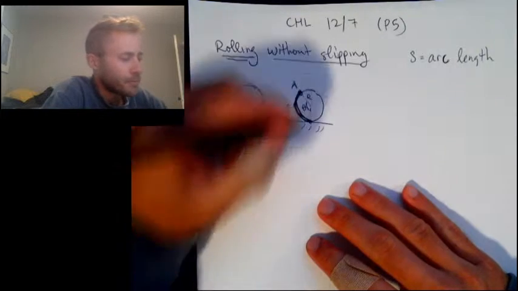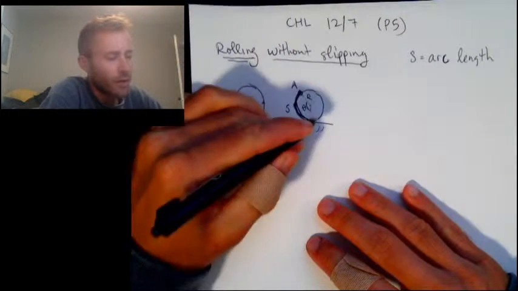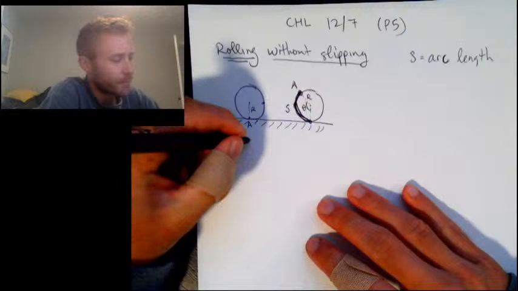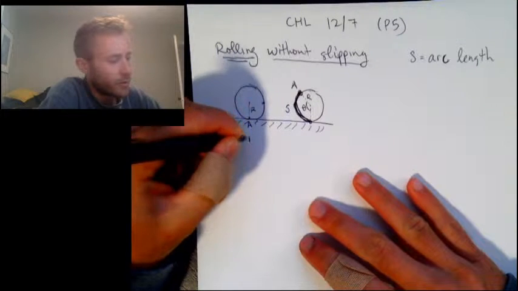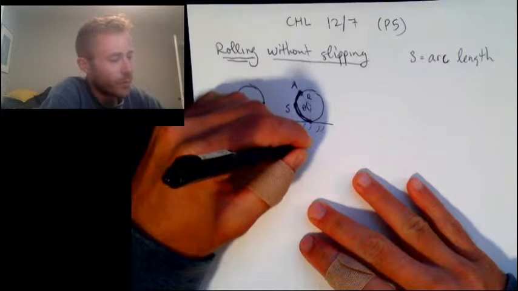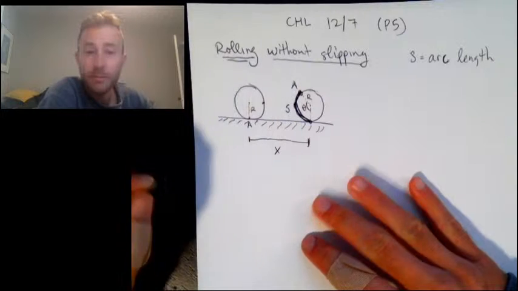Now, in the process of rolling, the wheel has moved forward a distance x.